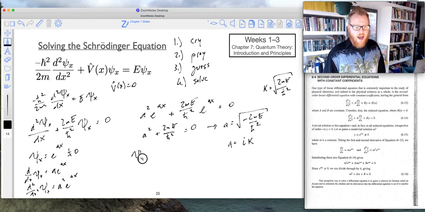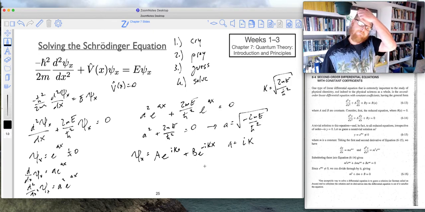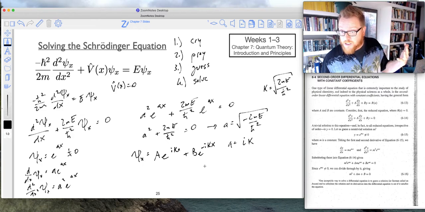I can say psi of x equals, and I'm just going to use a's, b's, c's, and d's to make life a little more straightforward. So psi equals A e to the ikx plus B e to the negative ikx. So that's one form of the wave function I could use.